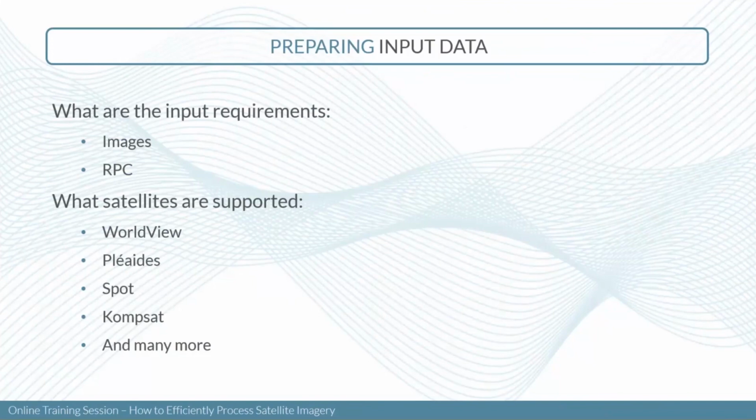An RPC is a compact representation of the ground to image geometry. Usually the satellite provider is going to give you this information because they don't want to give you the real physical camera model behind the satellite. So it's necessary to have the RPC file to be able to rectify a satellite imagery within Correlator 3D.